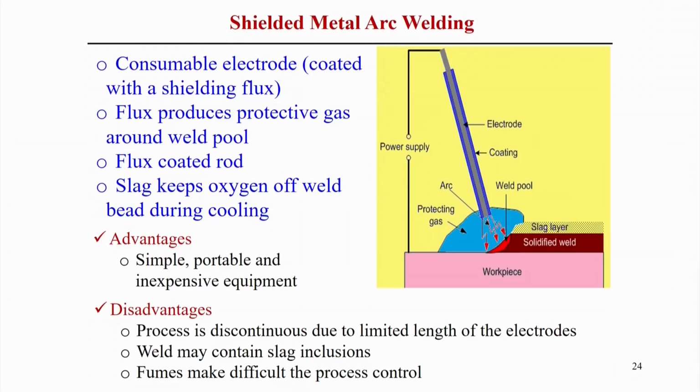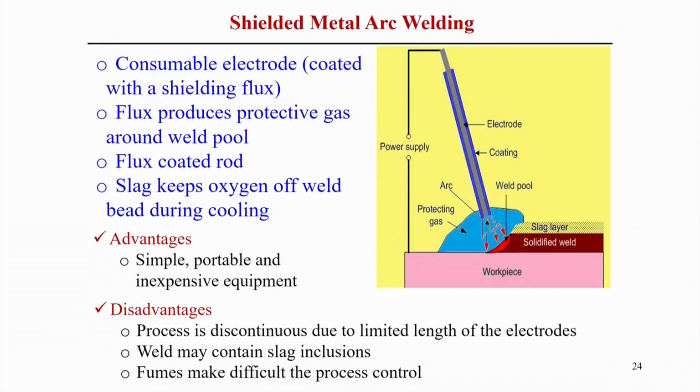In simple terms, what are the advantages of this process? It is a very simple process and mostly used manually. It is very simple, portable equipment, and not very costly as compared to the other welding processes.